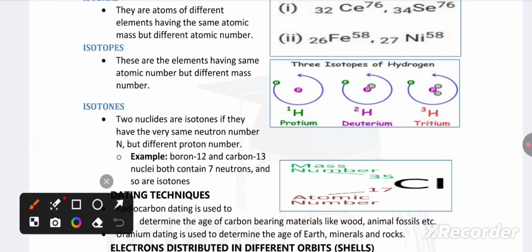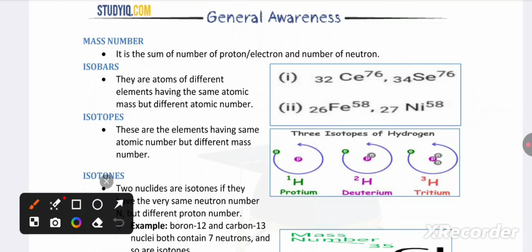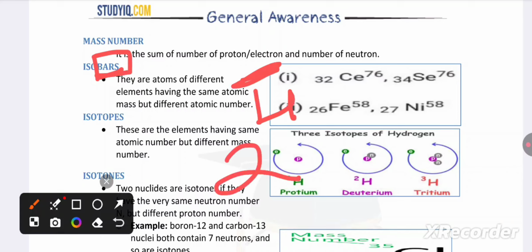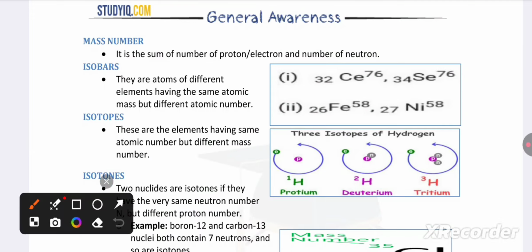Isobars. Bars is nothing but powers. If we have 2 to the power 4, that is called a bar. The position placed above is called bars. So isobars are atoms having the same mass number.